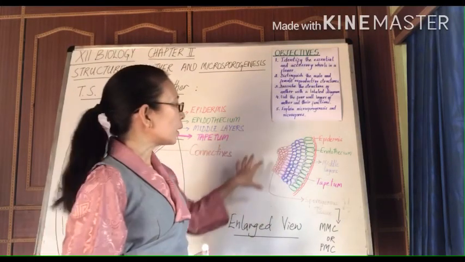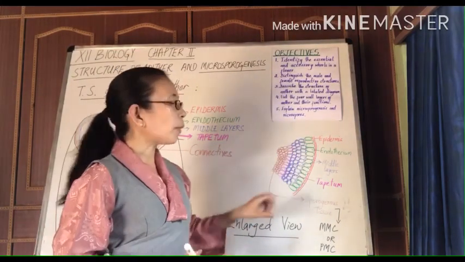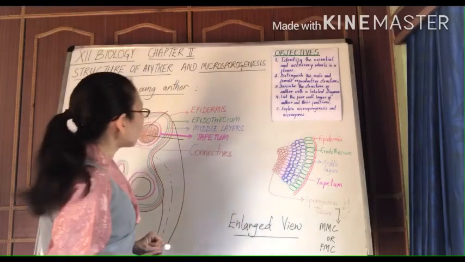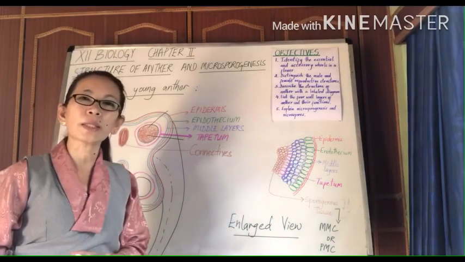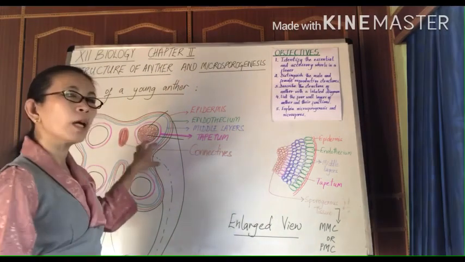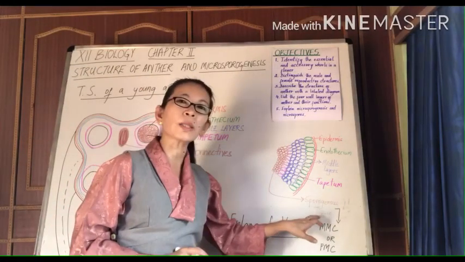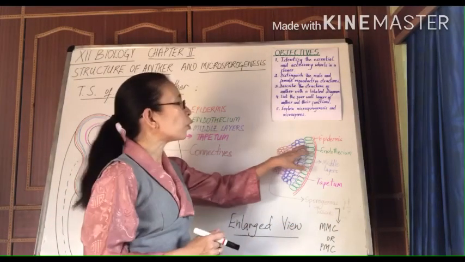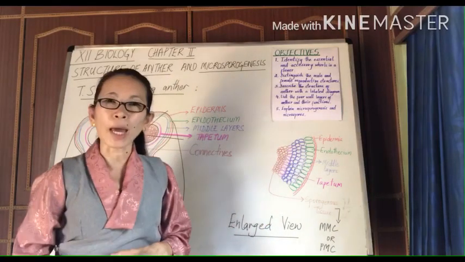So such is the understanding about the internal structure of a young anther, where the microsporangium containing sporogenous tissues is surrounded by 4 different wall layers of the anther.